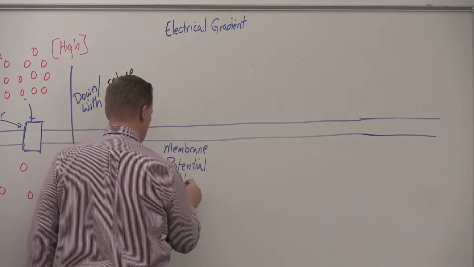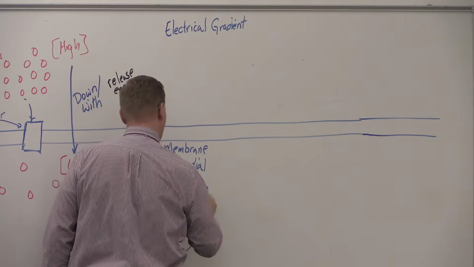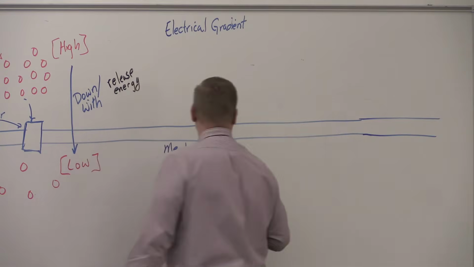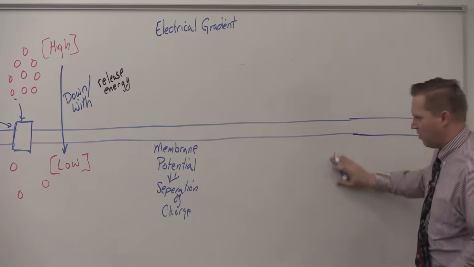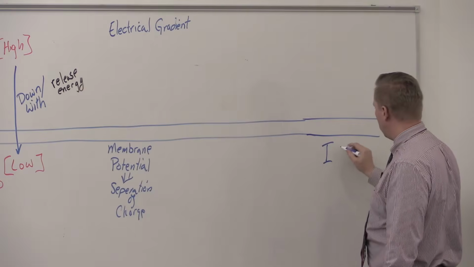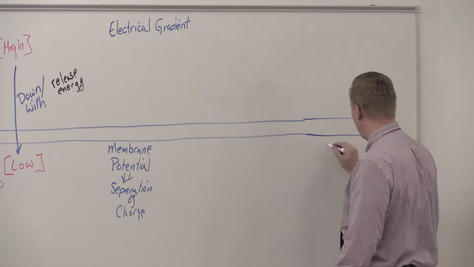So we'll just say that is a separation of charge. And what that means is the inside of the cell, we'll call this bottom layer right here, we'll call it the inside of the cell, or the cytosol.